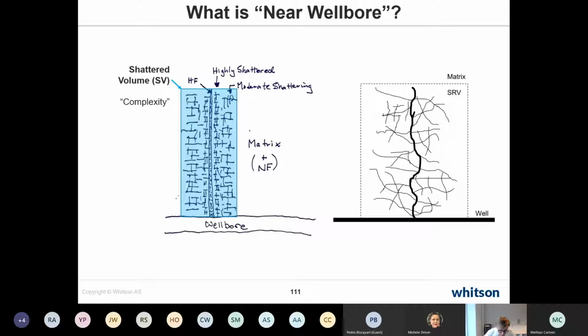This is a kind of a cartoon of a shattered rock volume, I guess. So you have maybe a main type of fracture coming out of some cluster right here, or depending on the completion, if it's a sliding sleeve type of completion, it will be more like a stage. And if you get people that know fracture characterization much better than me, you would probably get a drawing of some type of complexity.